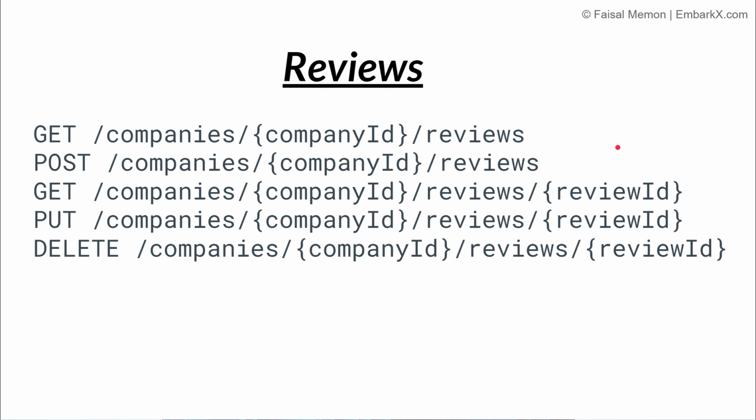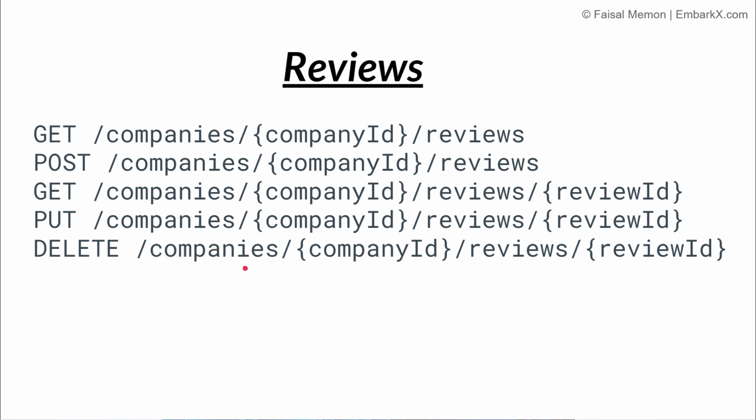Welcome to this class. So these are the APIs that we have for working with reviews. So we have the get request to get the reviews against a particular company. And if you notice all the API requests, we have company ID associated. So we have post request to add a review. We have get request to get a single review, put request to update a review, and delete request to delete a particular review.